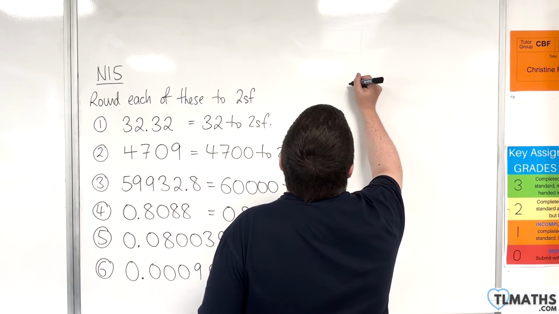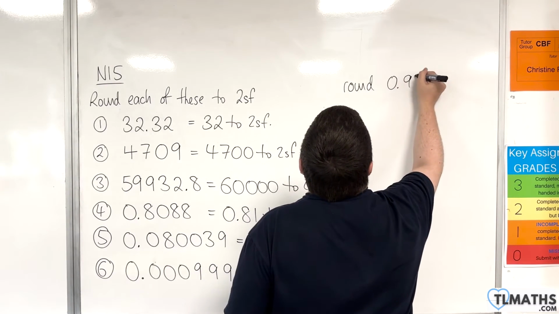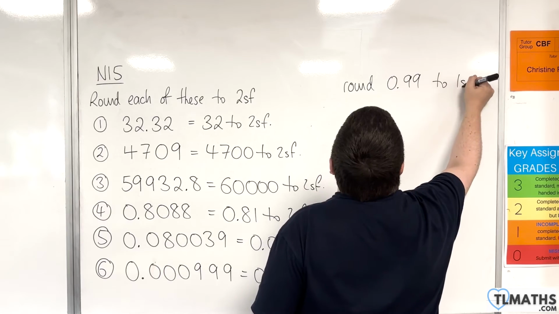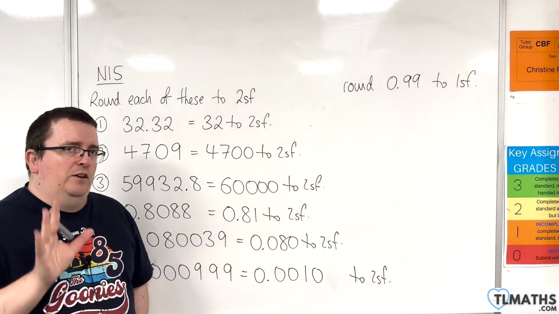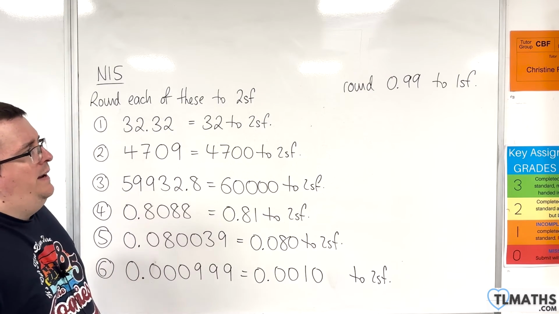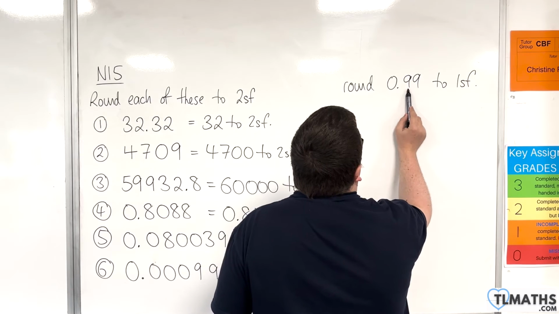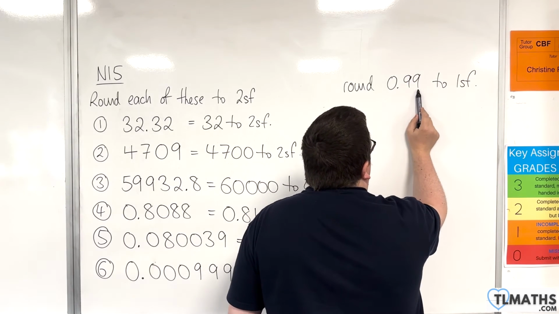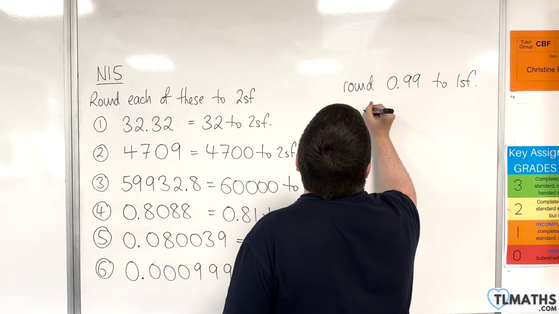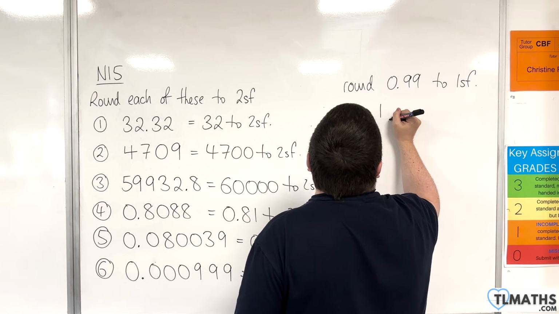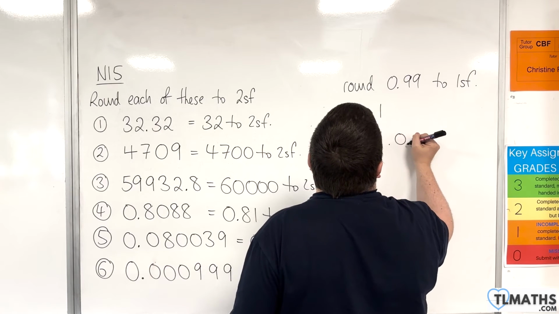So I'll give you another example. Let's say you had round 0.99 to one significant figure. Okay, let's just take a look at another example. Now, the first significant figure is the 9. To the right is a 9, so we need to round this up. So, is this equal to 1, or is this equal to 1.0?